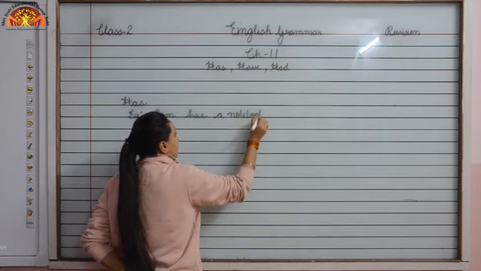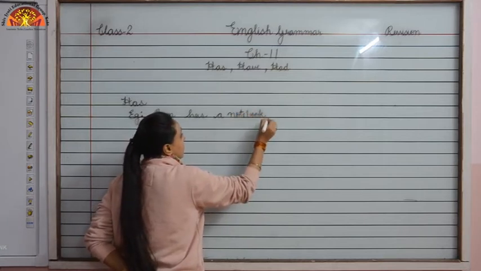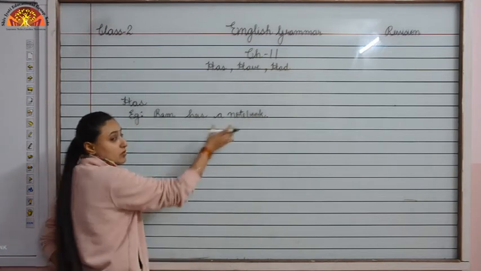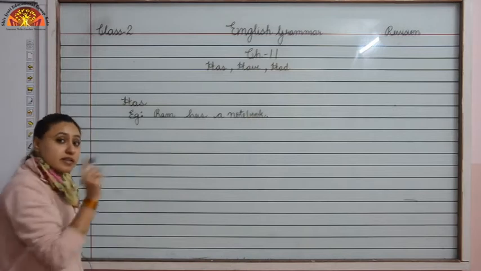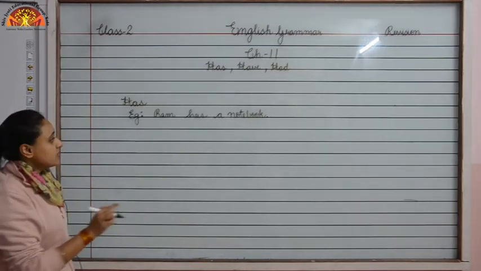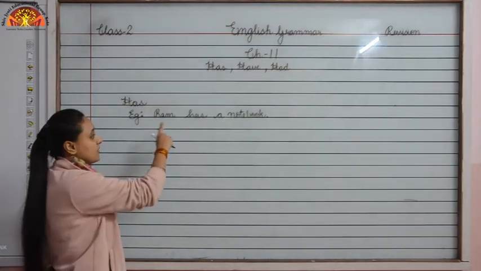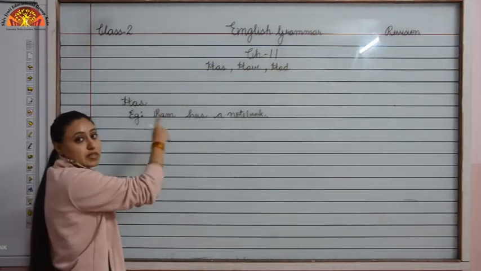So children, here the sentence tells us that notebook belongs to Ram, and Ram is a singular noun, singular person. Okay, he is one person, so we have used has with Ram.